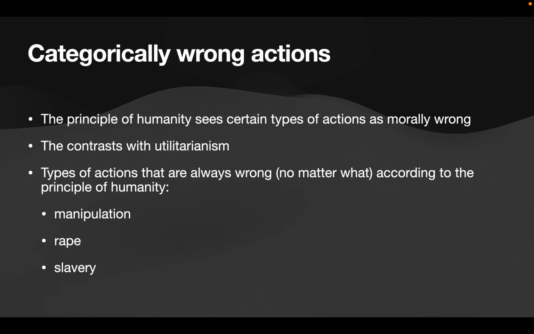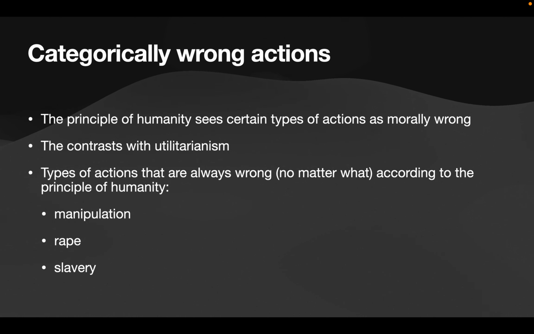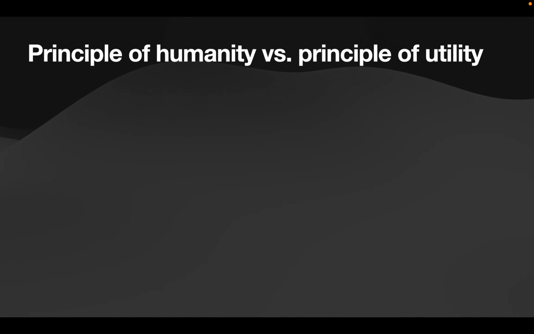The Kantian's going to say, human beings are not there just to be manipulated for your own purposes. They have their own goals and purposes, and those should be respected. Even if you think that your own goals and purposes are good, it doesn't matter. You can't manipulate someone else just for your own purposes, whatever those are.